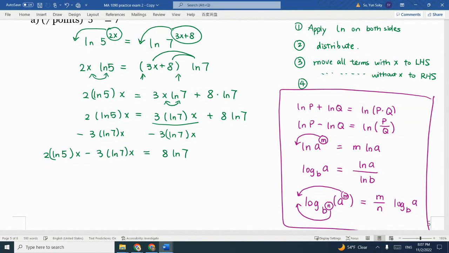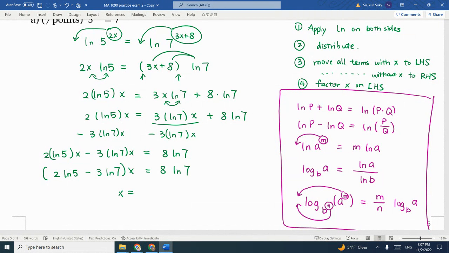And now, do you see, because all the terms on the left hand side have x, we can factor out the x on the left hand side. We get x times 2 ln of 5 minus 3 ln of 7, equals 8 ln of 7.